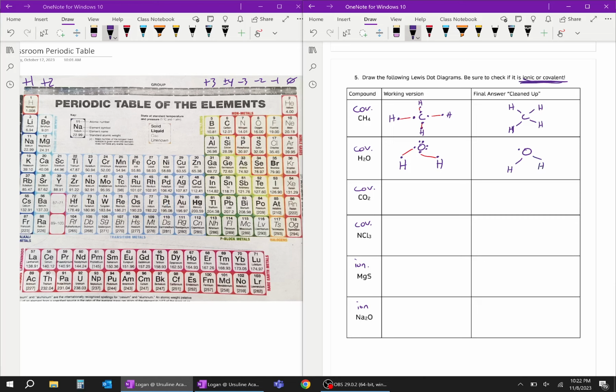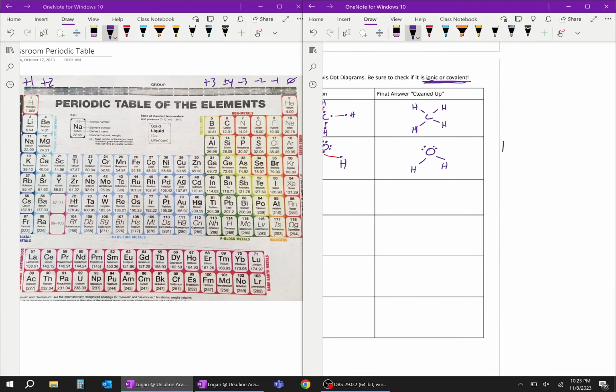Later in the year, we'll discuss the importance of drawing the correct angles on these. Here we go. If you drew this in a straight line, something like this, that is also fine.